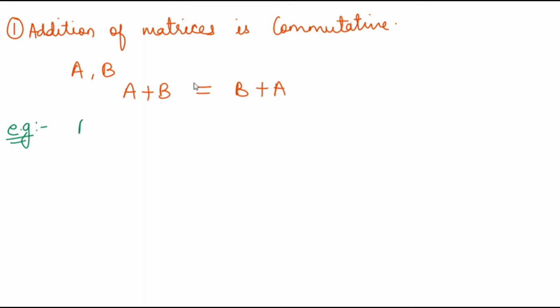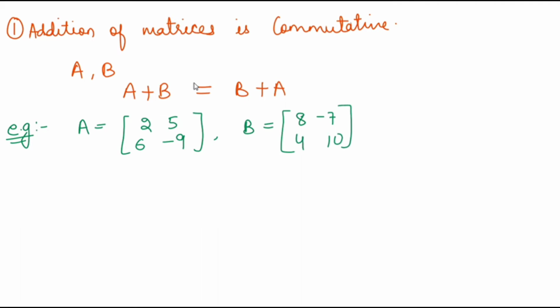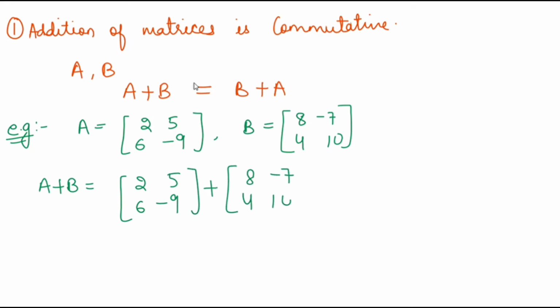if we have a matrix A equals 2 6 5 minus 9 and matrix B equals 8 minus 7 4 and 10, then firstly we find A plus B, which is 2 6 5 minus 9 plus 8 4 minus 7 and 10.